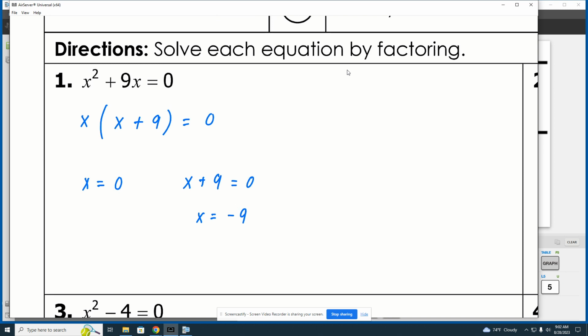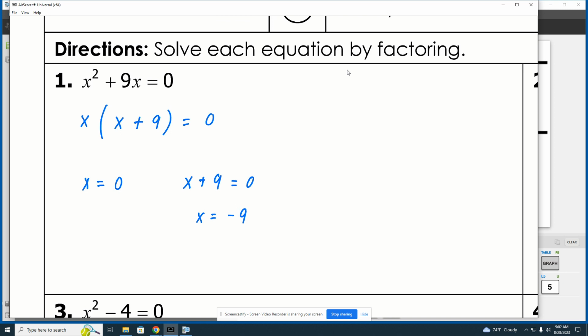And I guarantee you it's crossing the x-axis at 0 and at negative 9. I promise. Okay? Because that's what you're doing when you solve by factoring. You're finding where your quadratic crosses the x-axis. Okay?